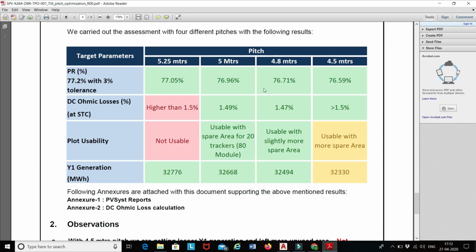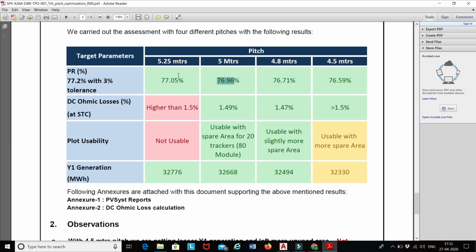Now you can see here the various pitches, and we get the generation data by varying the pitch. At 4.5 meter the PR is 76.59%. At 4.8 meter the PR is 76.7%, at 5 meter it is 76.96%, and at 5.25 meter the PR is 77.05%.